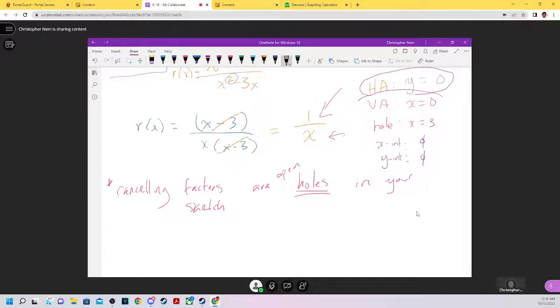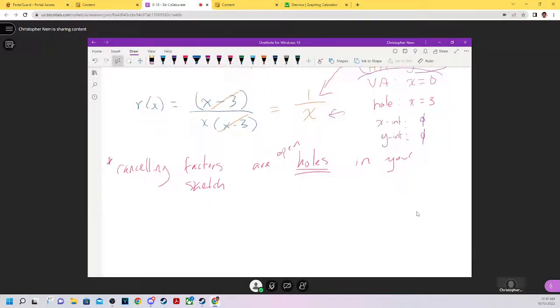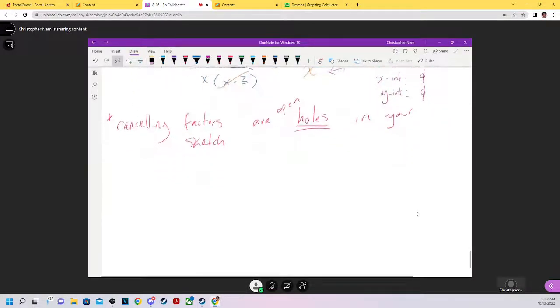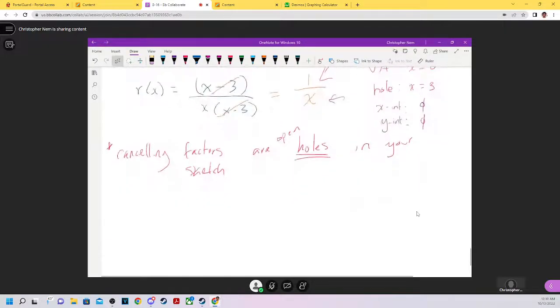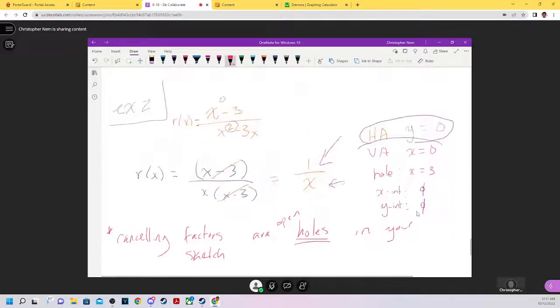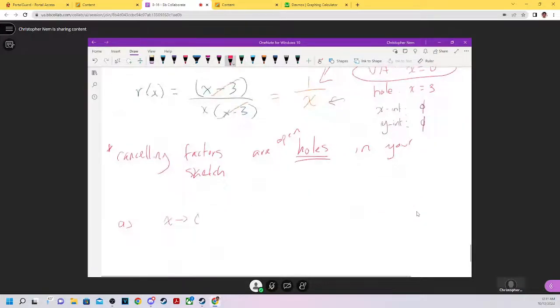Now, can we look at the behaviors? In particular, we already have our horizontal asymptote. Let's look at the behavior as x approaches 0 from the right, and we only have one vertical asymptote, which is very nice. And let me draw a table here real quick.